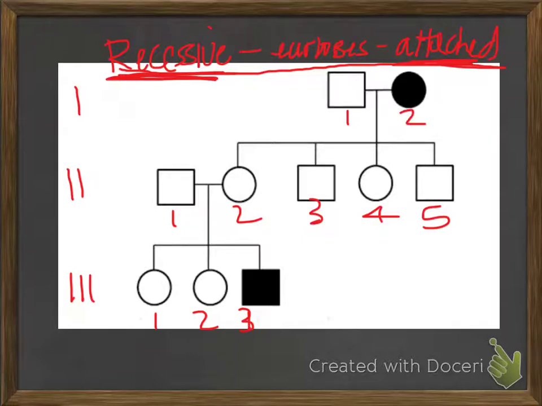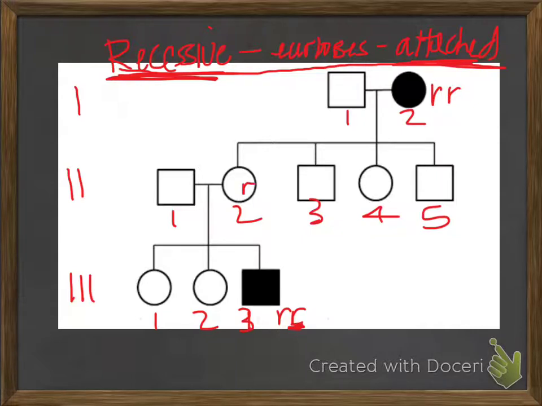So then as I go through, I need to list the genotypes, but since these are recessive and I'm shading in recessive, I can then just write the genotype immediately. So now I can use that to figure out the other individuals within this pedigree. So little r, they had to receive 1 from mom, 1 from dad.